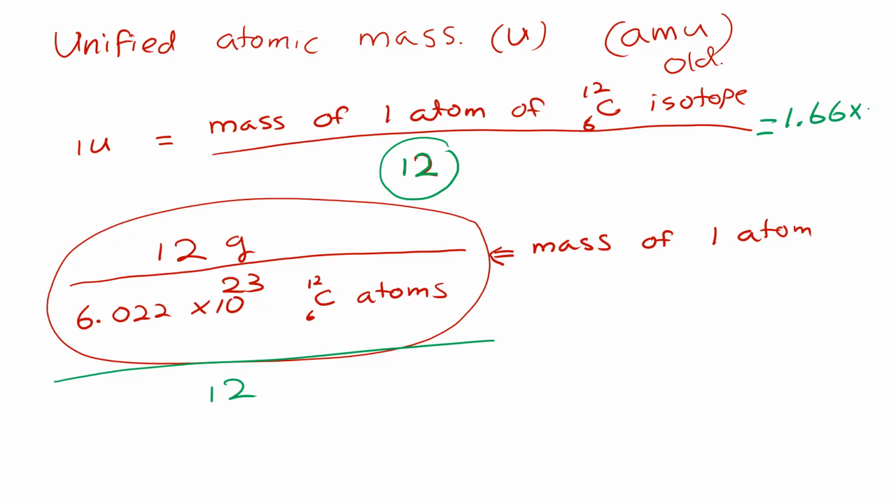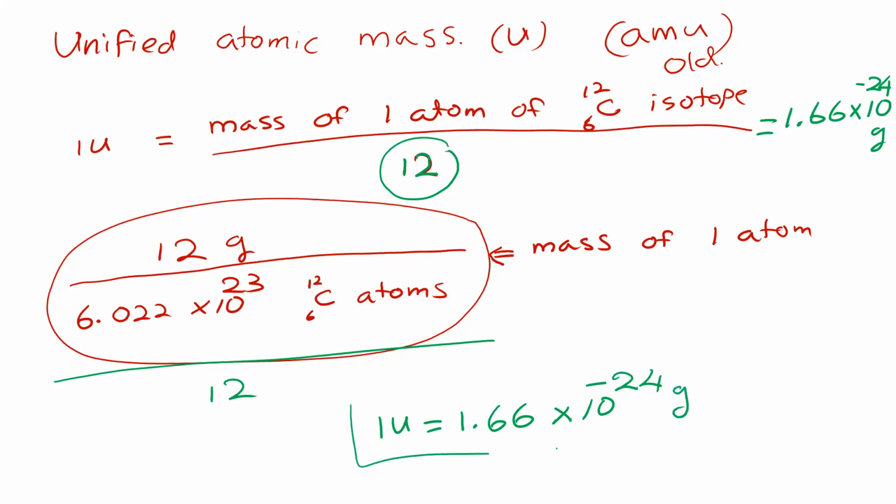There are some more digits, I'm not going to write everything. 1.66 times 10 to the power negative 24 grams. So that is what 1 U, or one atomic mass unit, is. 1 U is equal to 1.66 times 10 to the power negative 24 grams.